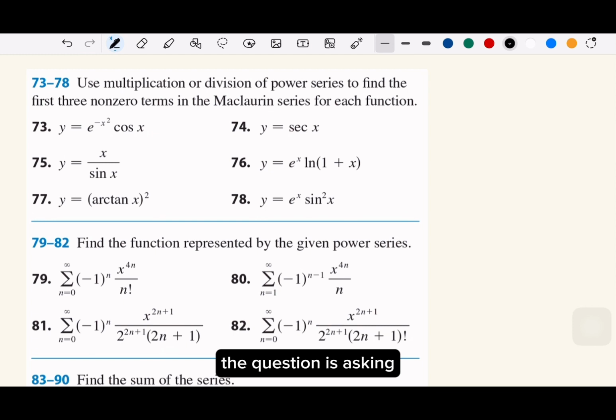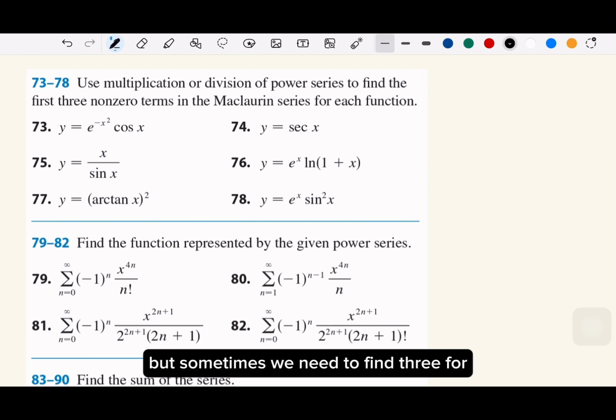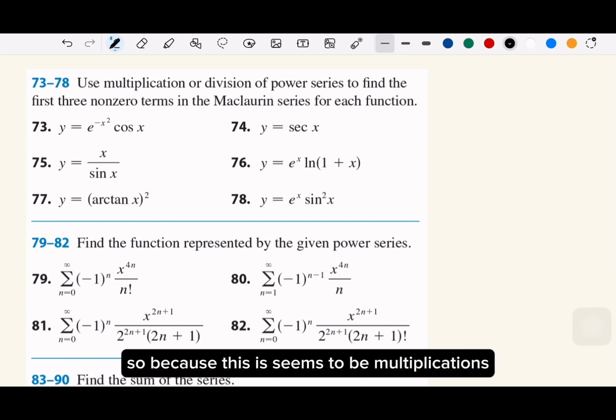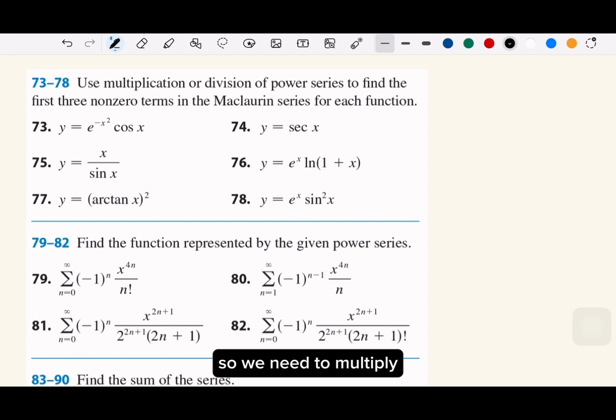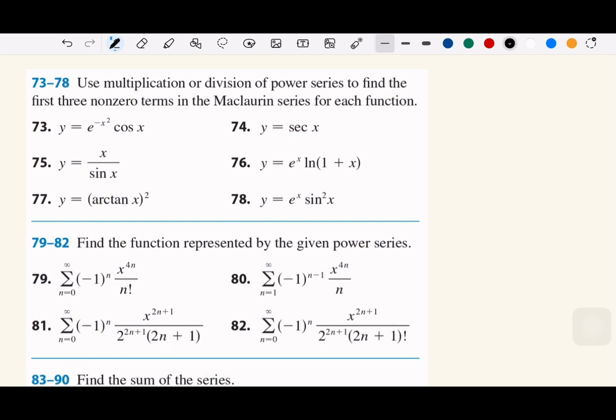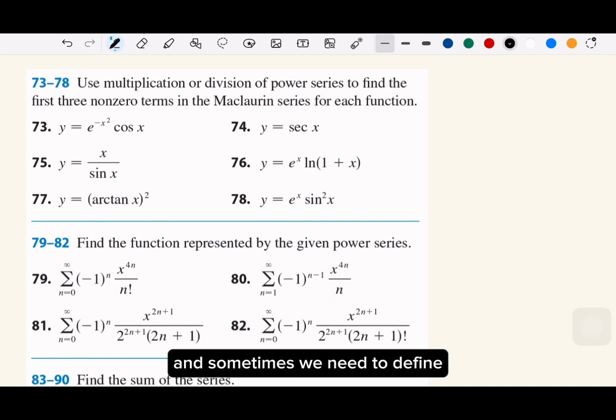The question is asking for finding the terms. Sometimes we need to find 3, 4, but mostly we find 3 terms. So what should we do? Because it seems to be multiplication, then we multiply. So we need to multiply all the terms, like the x, x squared, and so forth. Both functions, we need to multiply the terms. Sometimes we need to divide, sometimes we need to multiply.